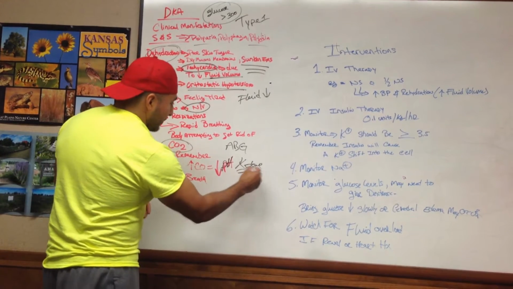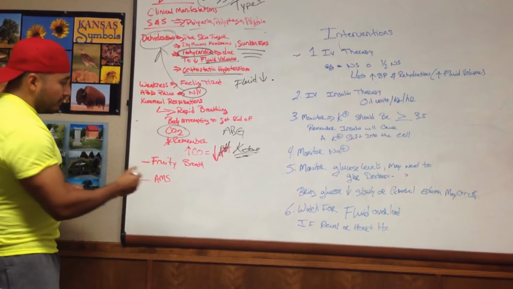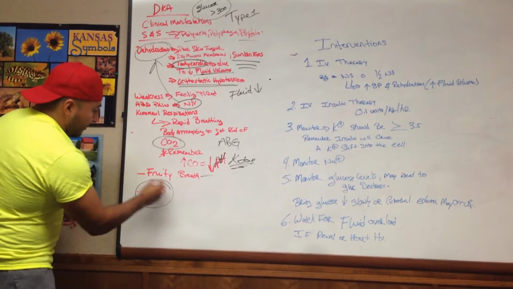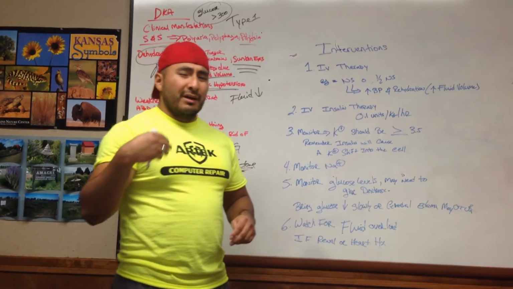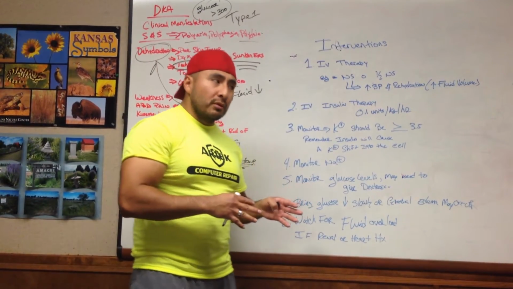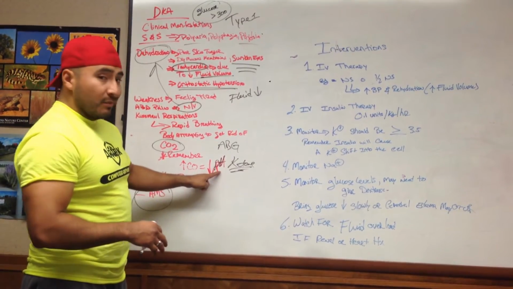And remember, the ketone is what produces that acetone smell in the breath. Okay? And a big one is an altered mental status. Are they acting weird, or are they not acting normal? Again, this has to do with the change in pH.